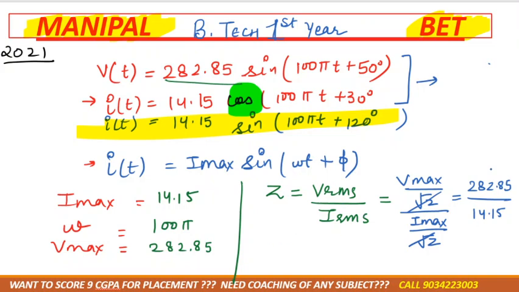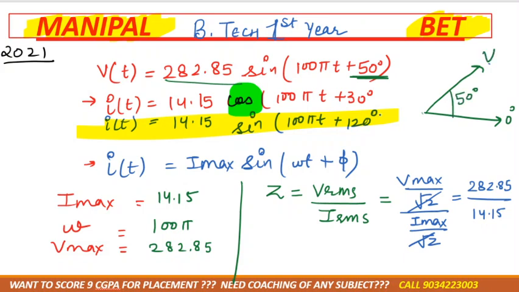Now we need to calculate the Z angle. Draw the phasor diagram. Now we need to calculate the angle between voltage and current. As you can see, the standard 0 degrees is here, right? And the voltage angle is 50 degrees, so 50 degrees is something like here, right? And the current angle is 120 degrees, so 120 degrees is something like here, right?